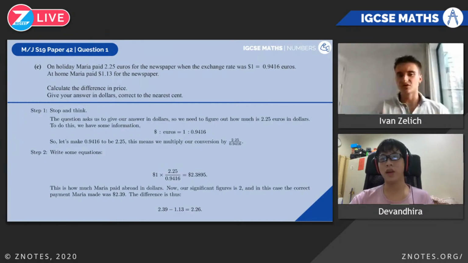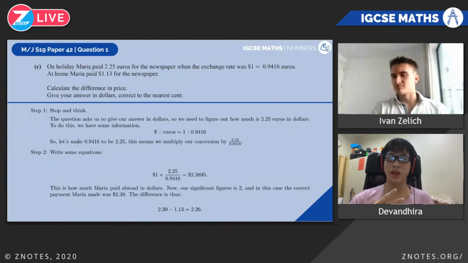Is there anything I could have explained better here that you want me to go over more? No, nothing. It's just that it says the significant figures is 2, but I think it should be 3, right? Well, you know best, Devan, I guess, with the GCSE. However, if you're paying in dollars, in general I would say 3, but maybe in this case it would be better to put 2 because this is 2 decimal places, right?